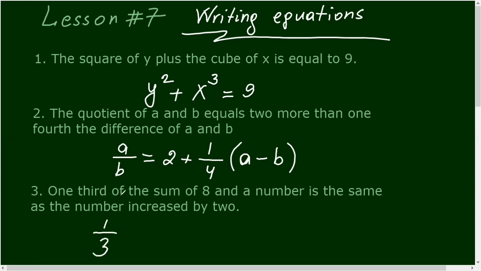So 1/3 of the sum of, I write a bracket, and the sum of 8 and a number, I write 8 plus my number x, because I have already used x to represent my unspecified number. So I close my bracket, and is the same as, it means I write an equal sign, and the same number x increased by 2, x plus 2.